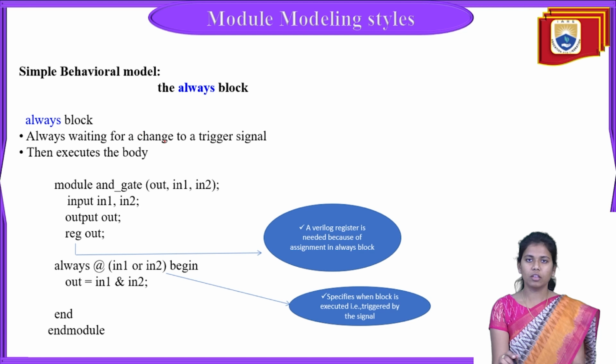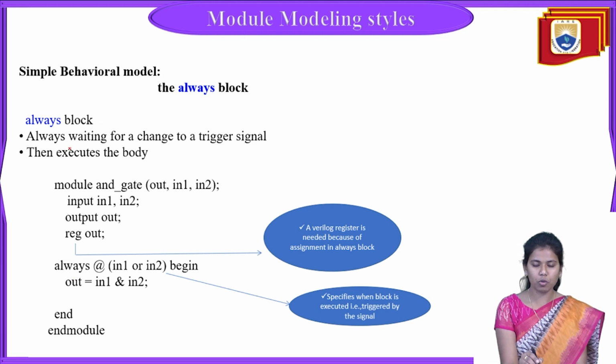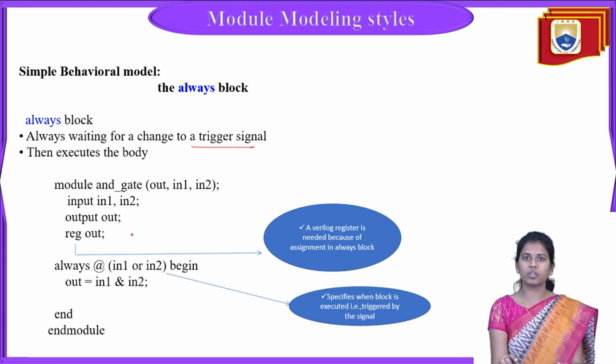So this is a simple behavioral model. As I said, the key element that we can observe here is always. Using the always block, we see the syntax which is followed in the behavioral model. The always block is always waiting for a change to trigger a circuit.